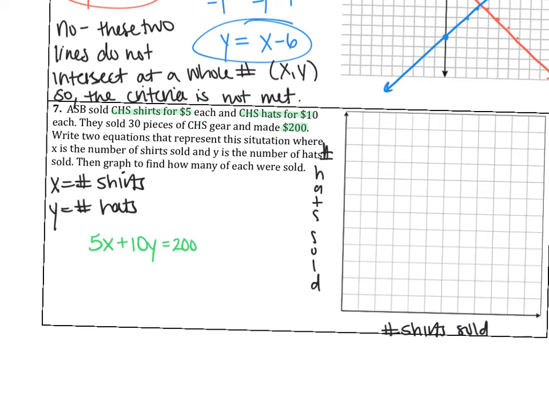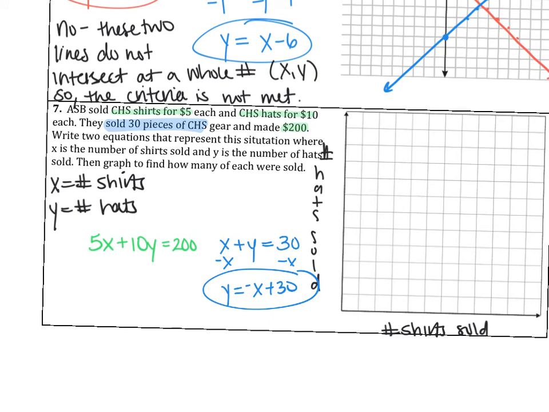My second piece of information is they sold 30 pieces of gear. So that means however many shirts I sold plus however many hats I sold is equal to 30 pieces of gear. All right, let's solve these so that we can graph them. Y equals negative x plus 30. There's one equation.